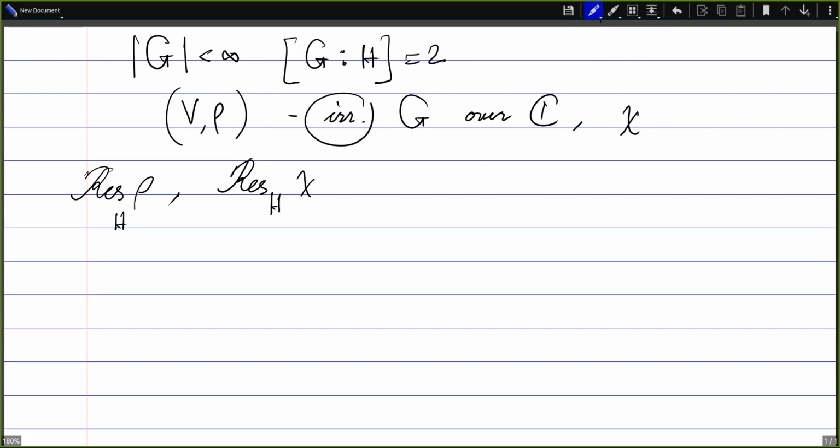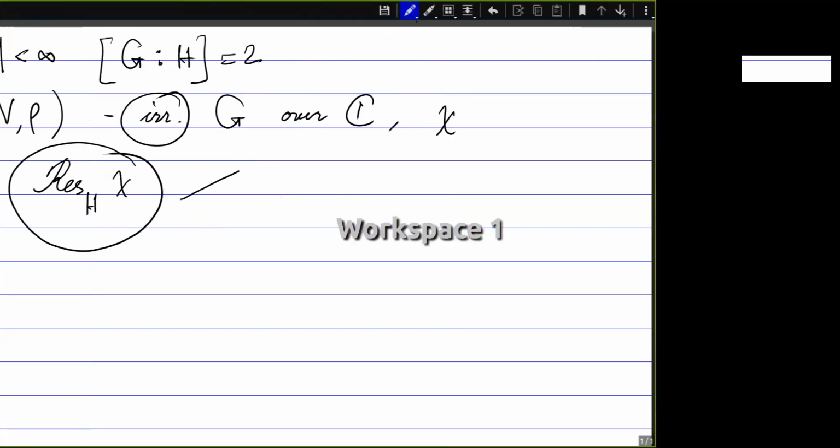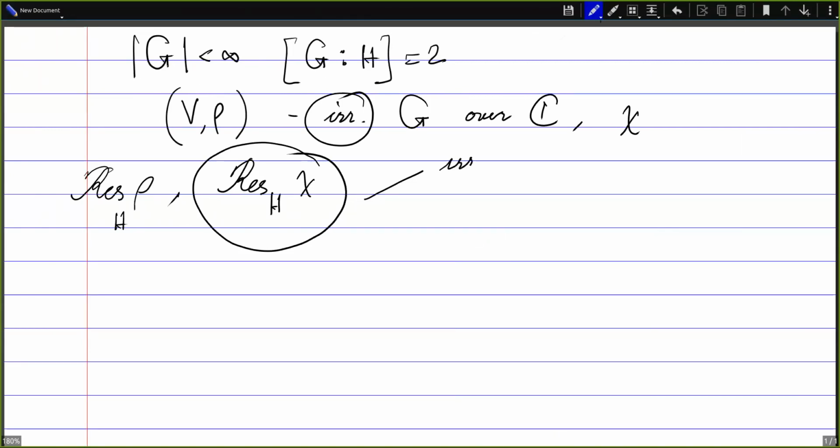So if chi is irreducible, we have already discussed that there are only two options for the restriction of chi. Option one is that it is itself irreducible. Option two is a sum of two distinct irreducible characters.